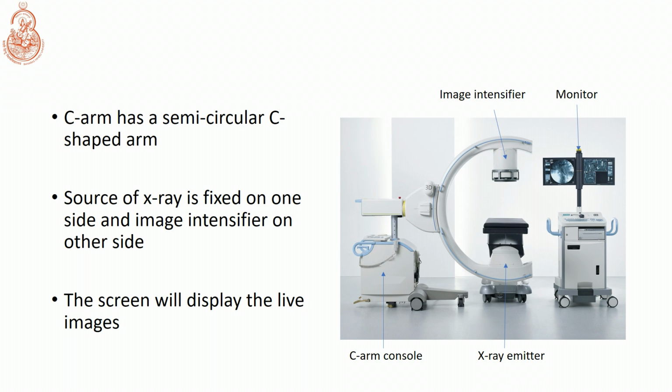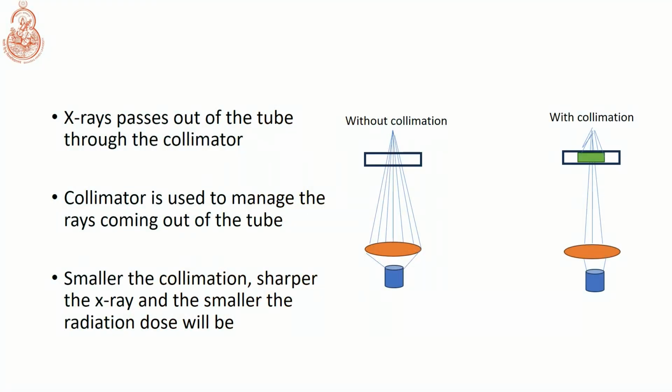The X-ray emitter is on the bottom side of the C-arm, while the image intensifier is placed on the upper side. When we trigger this machine and start the image procurement, the image is projected onto the monitor, which is present along with the machine.